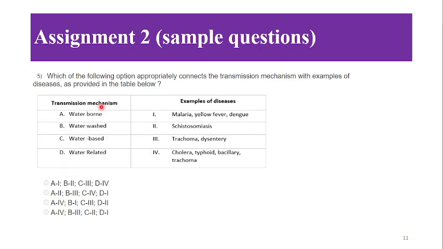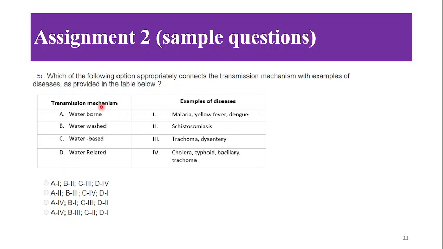So next question is, which of the following options appropriately connects the transmission mechanism with examples of diseases as provided in the table below? The transmission mechanism for the diseases can be waterborne, water-washed, water-based, and water-related.